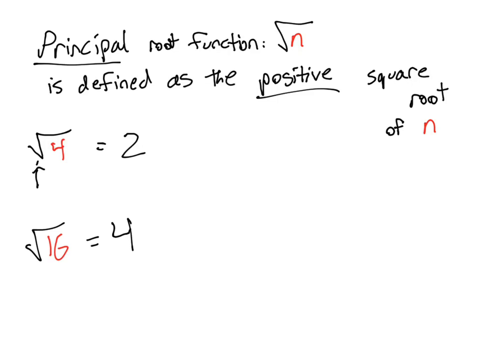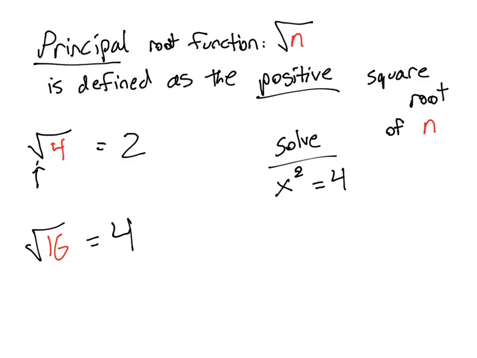So I know this is a bit of a technical distinction here, but if we are trying to solve an equation like x squared equals 4, solving an equation means we want to find all possible answers for x that could work.